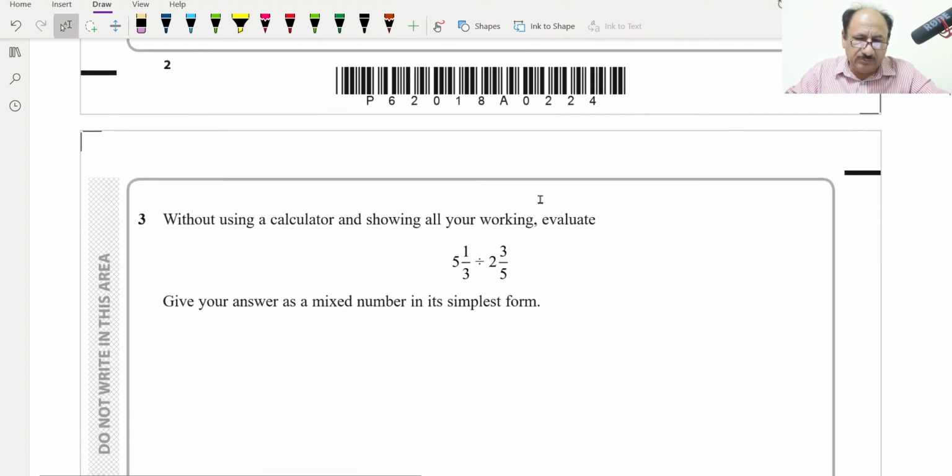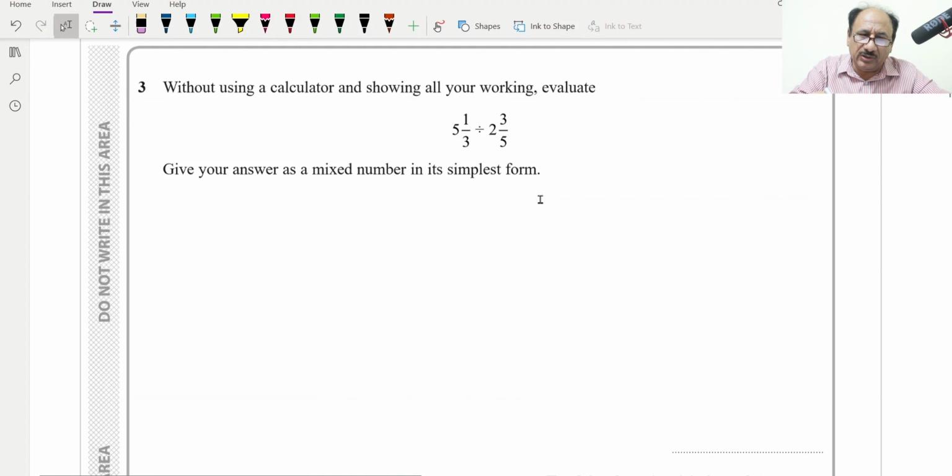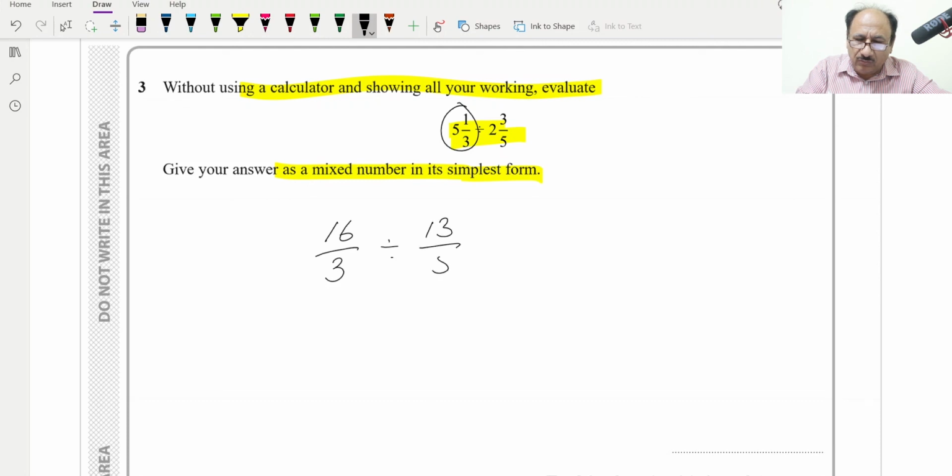And then question number 3, without using a calculator and showing all of your working, evaluate this one. We have to evaluate, give your answer as a mixed number in simplest form. So we can change into improper fractions. 5 threes are 15, 15 plus 1 will be 16, 16 over 3, divided by 2 fives are 10, and 10 plus 3 will be 13, so 13 over 5.